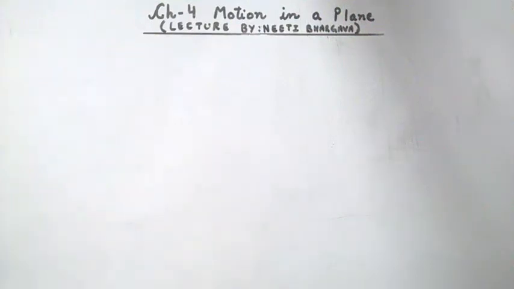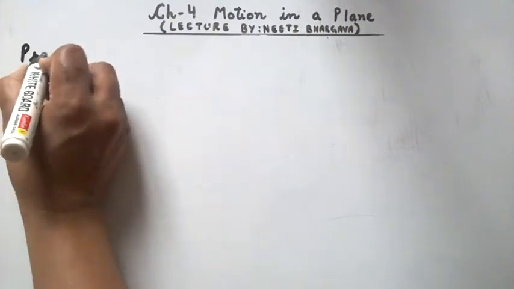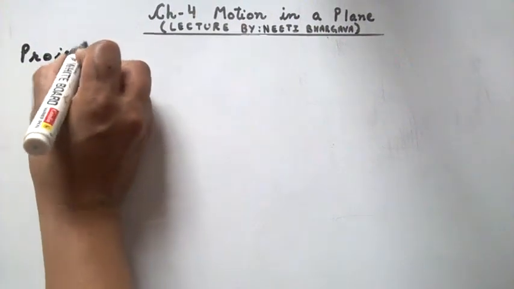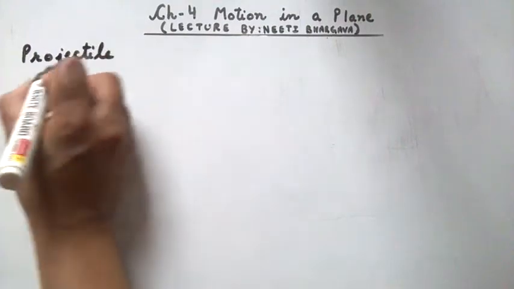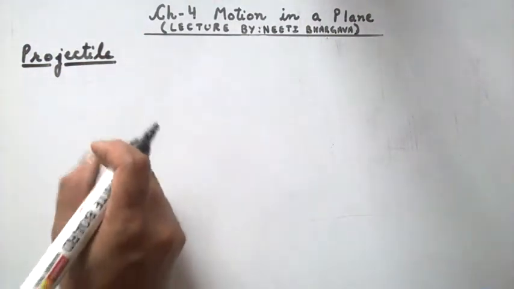In continuation with this chapter, now let's study another topic, that is projectile. A body is a projectile when it is thrown with some initial velocity in 2 dimensions.